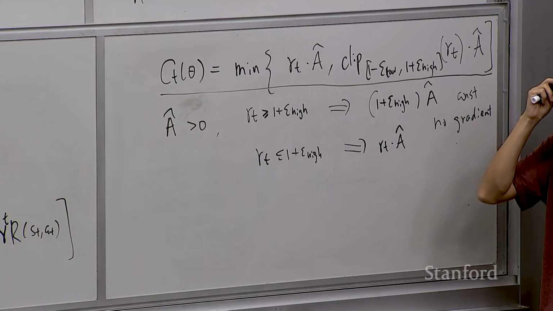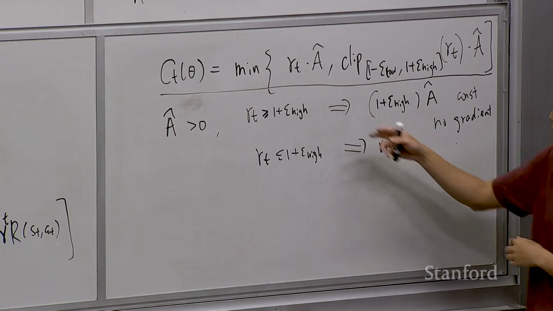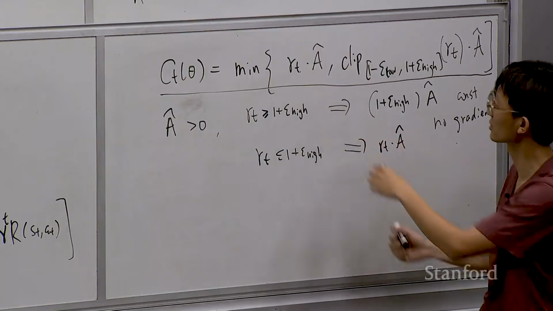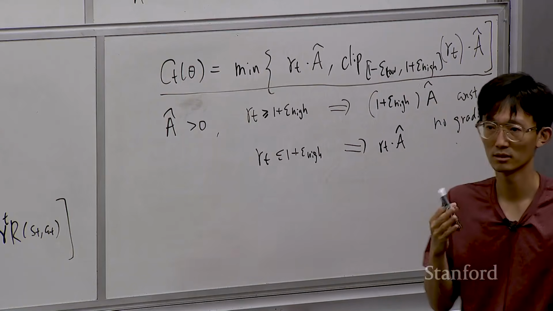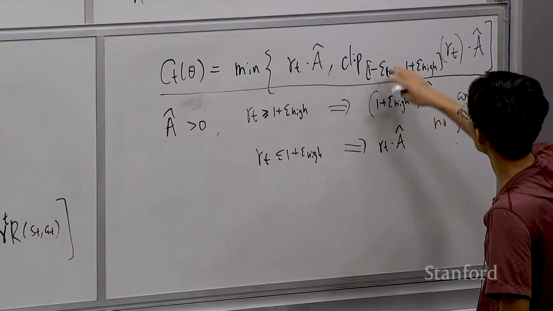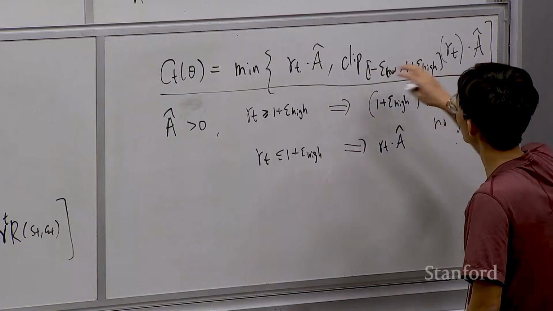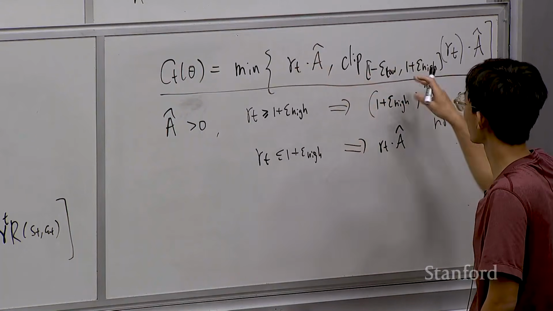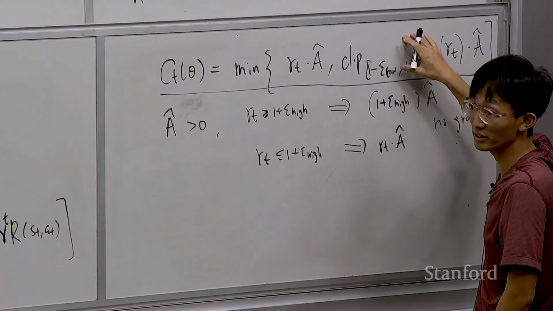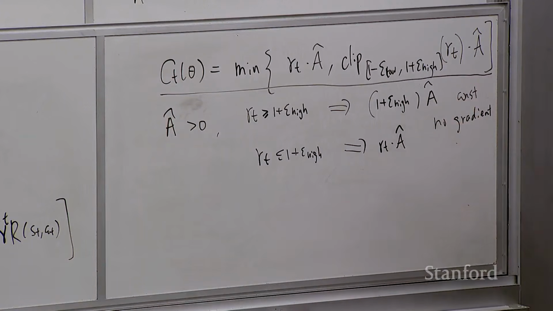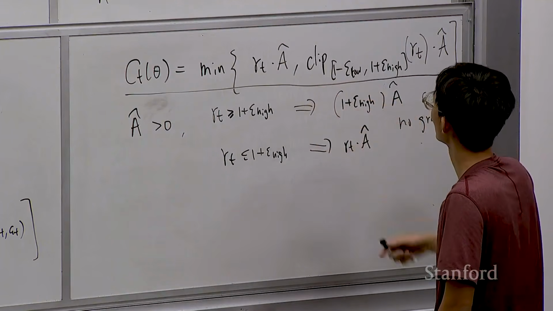Right. So in the second case, why is that bigger? In the second case, you are taking this side, because this side is smaller. Let's take some value.